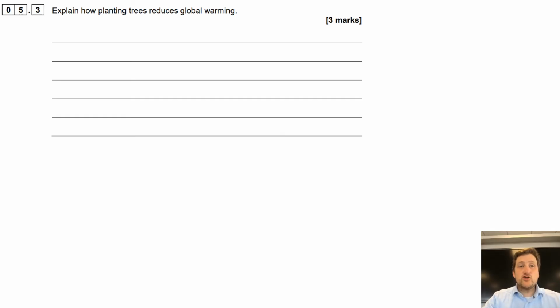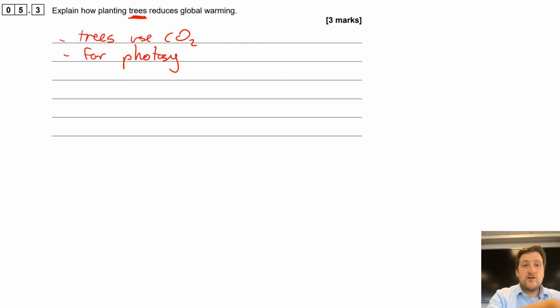Explain how planting trees reduces global warming. Well, this is where our biochemistry comes in, our biology. We can do it two different ways. We'll start with trees because they mention the word trees, okay? So, what do trees do? How do trees link at all? Well, trees use carbon dioxide, and we could say by photosynthesis as well. They don't just use it for a bit of fun, they use it for photosynthesis.